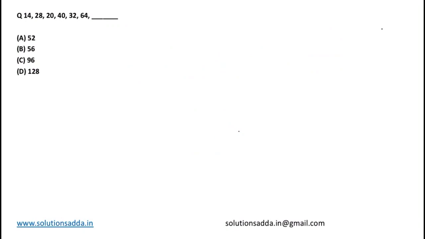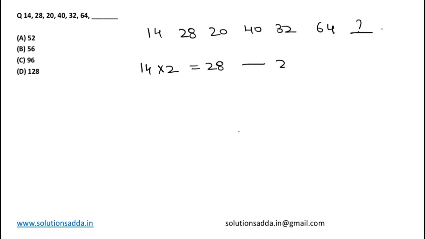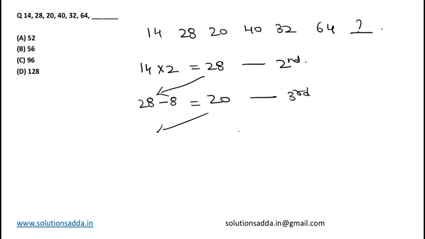This is an aptitude question based on number series. The series is 14, 28, 20, 40, 32 and 64. We need to find the next number. We observe that 14 cross 2 equals 28. This is my second number. Third number is 20, which is 28 minus 8. Next number is 20 cross 2, which is 40.